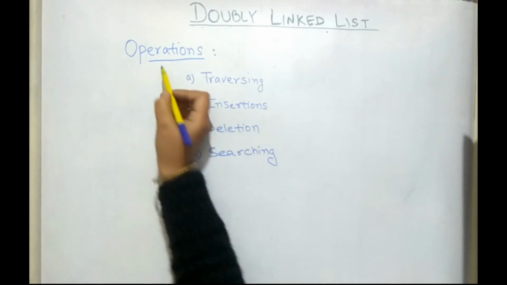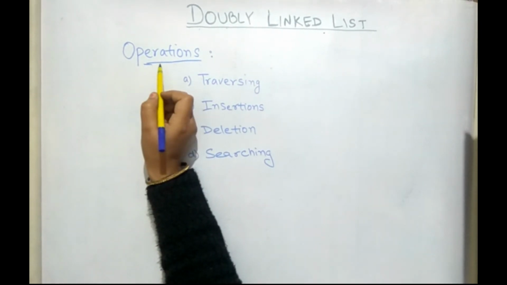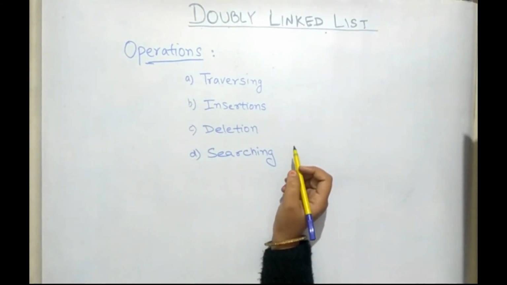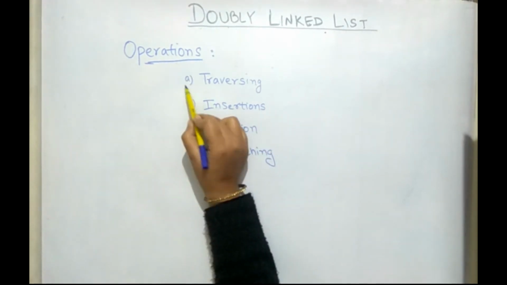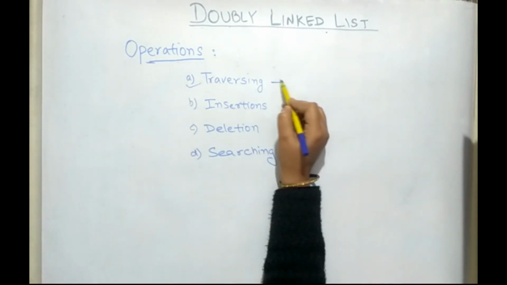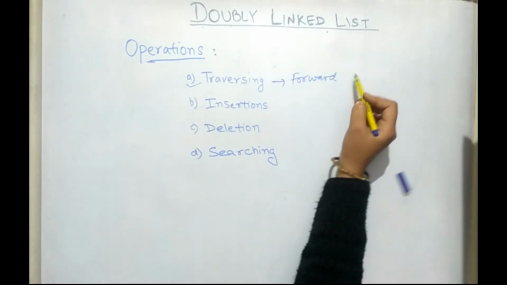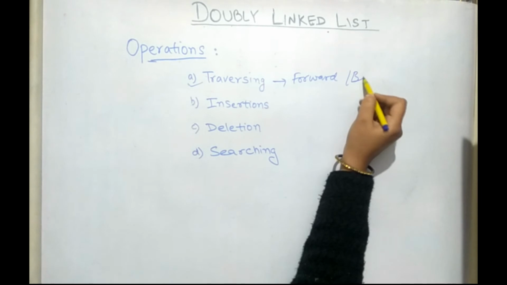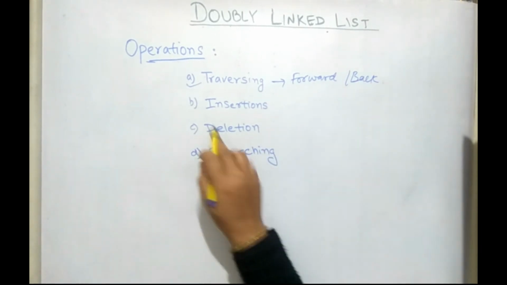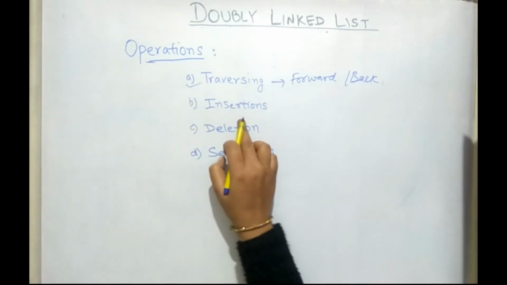Now look at the various operations that can be performed on a doubly linked list. They are the same as for a singly linked list. First is traversing. Here we can traverse in the forward as well as the backward direction. Second operation is insertion.